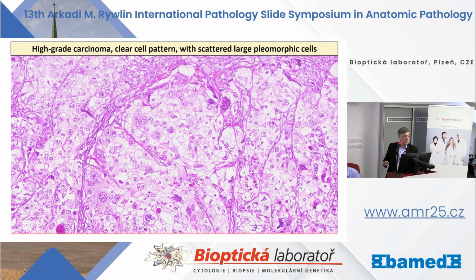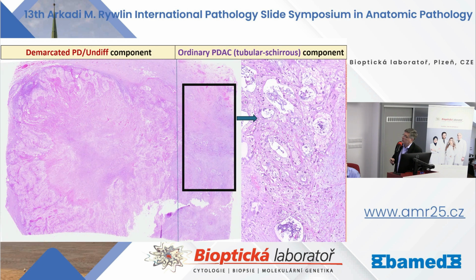So when you have something like this, you wonder about metastatic renal cell carcinoma that's very high grade, or a very peculiar tumor. This is not something that's commonly seen in the pancreas. But in this case, there was also a separate component that made the diagnosis a lot more straightforward: a conventional pancreatic ductal adenocarcinoma, scirrhous pattern, again tubular infiltration with a fair amount of desmoplastic stroma.